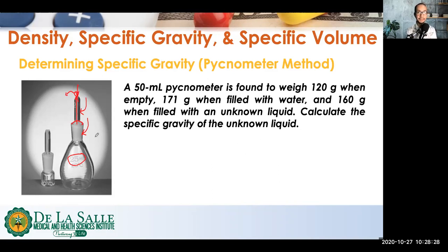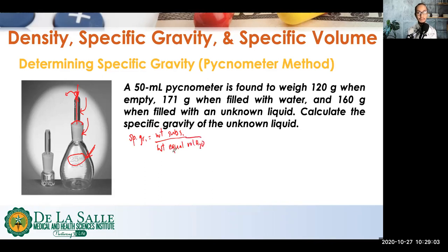Why do we need the pycnometer? The pycnometer has a specified volume. So whatever substance is placed in the pycnometer, provided there are no bubbles inside, their volumes will be the same. Remember that the formula for specific gravity is the weight of the substance divided by the weight of an equal volume of the standard, which is water.